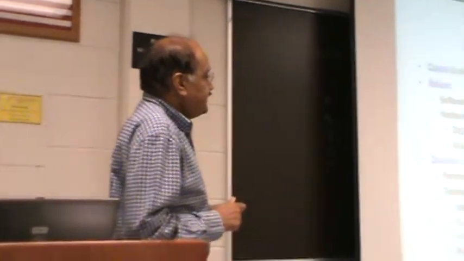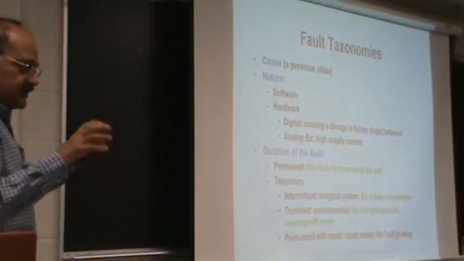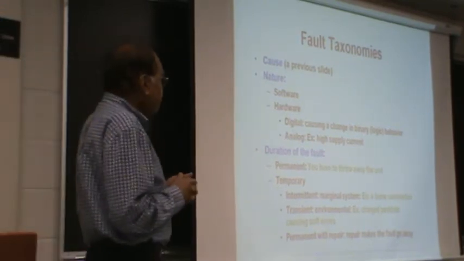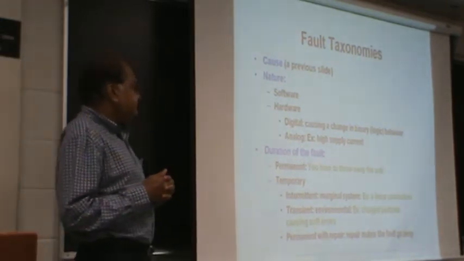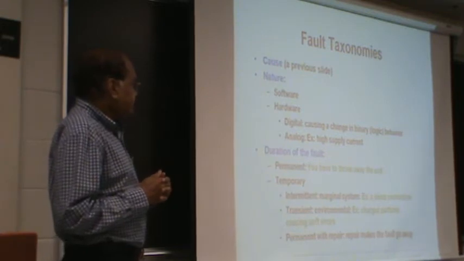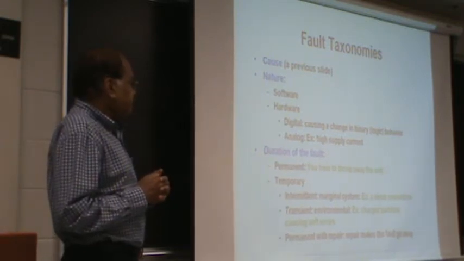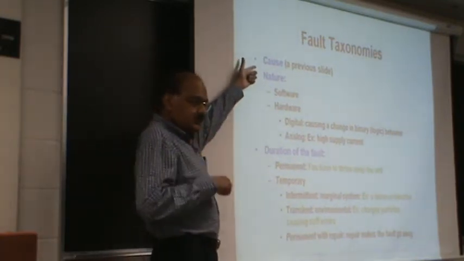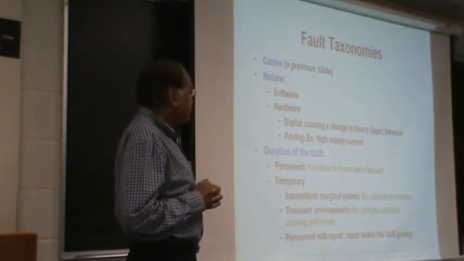Now, sometimes we need a fault taxonomy. We need to classify the faults. Sometimes they will be classified depending on the cause. We just saw it in the previous slide.